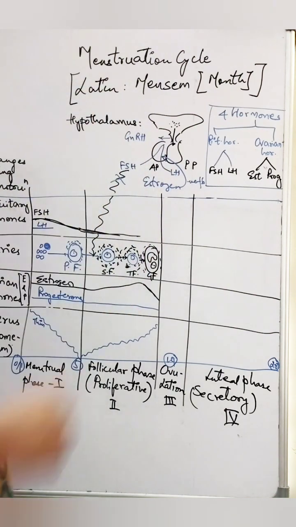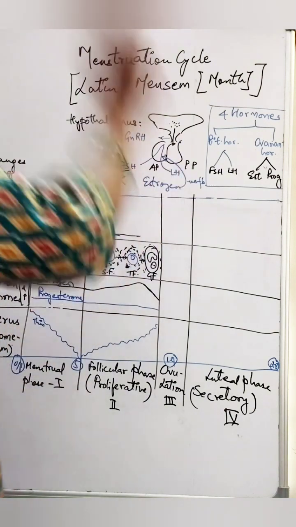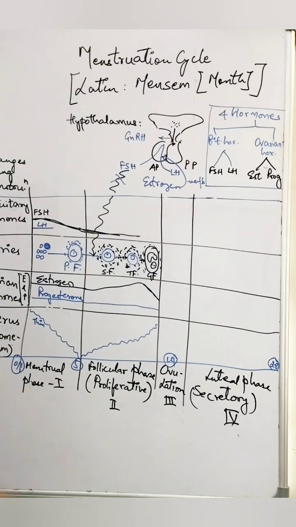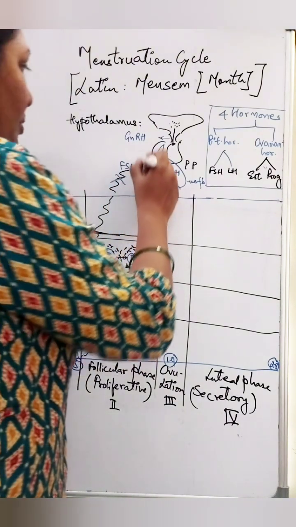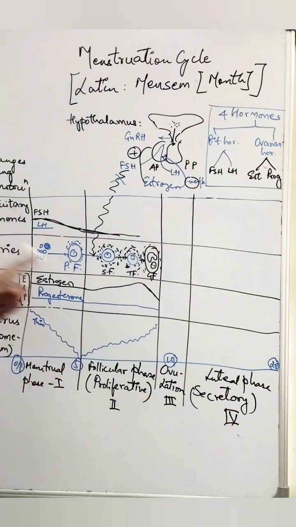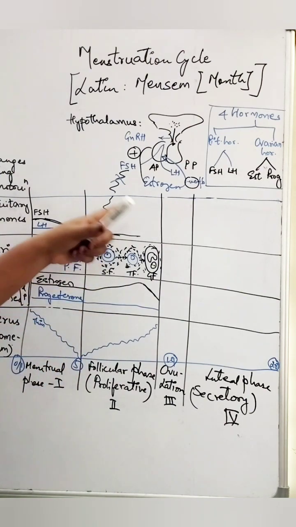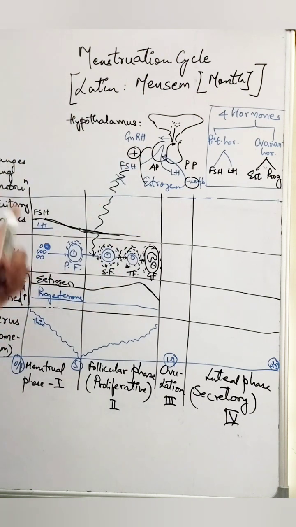Suddenly, estrogen will say, no, I want FSH as well as LH also now in the picture. Now, why has this negative feedback suddenly changed into positive feedback? Because as the follicles are developing, there is again the requirement of FSH so that proper development of the follicles into Graafian will occur.